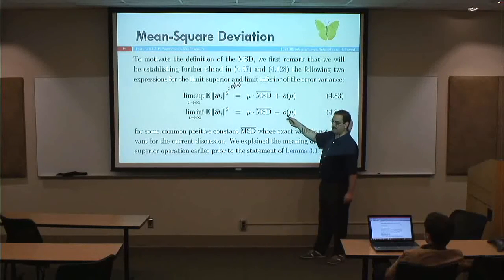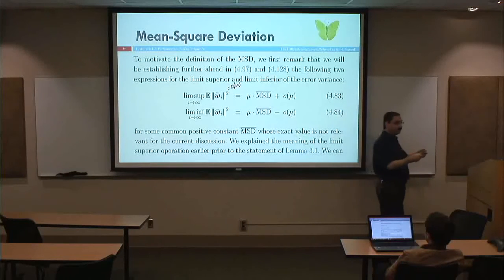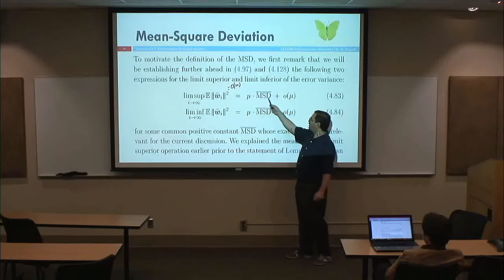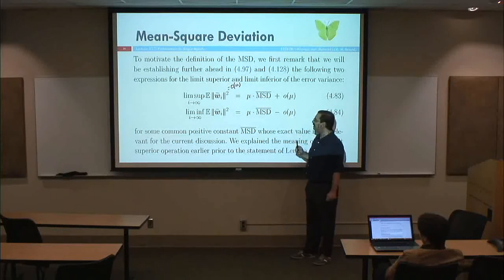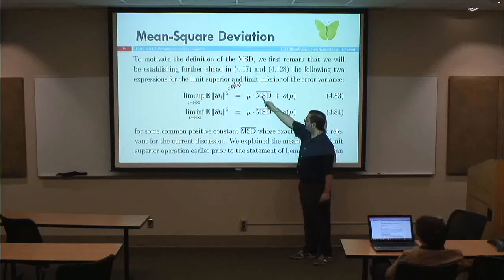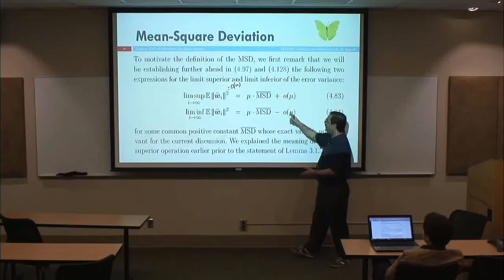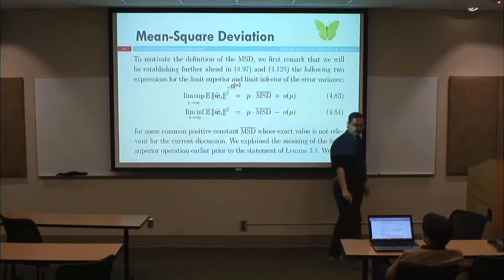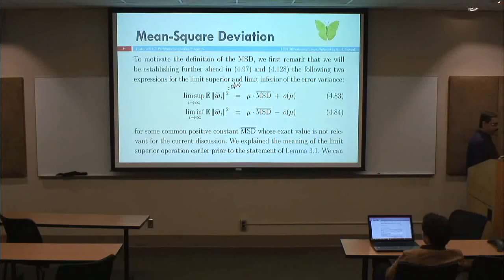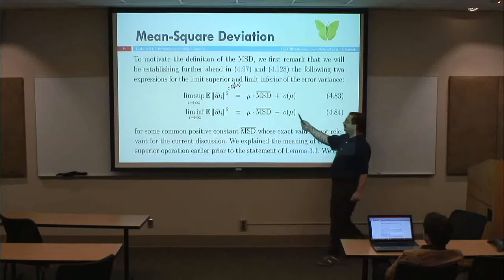This is a little o here. Okay, so I will be able to show that the lim sup has this form, and I will be able to tell you exactly what this MSD value is, what I'm calling MSD bar, plus higher order terms. In other words, the analysis that's coming will be able to identify exactly the coefficient of the first order term in mu. Okay, so if mu is very small, that is a good approximation for what the lim sup is.